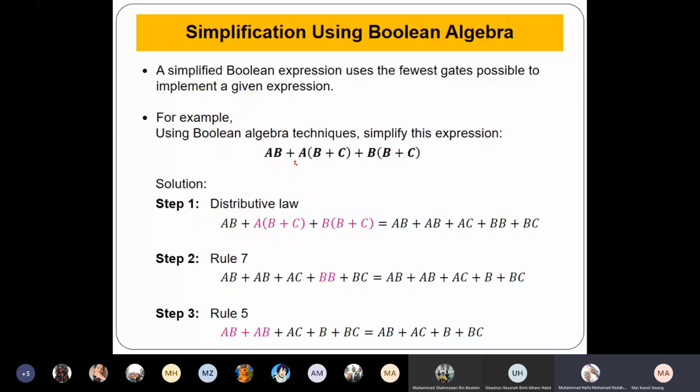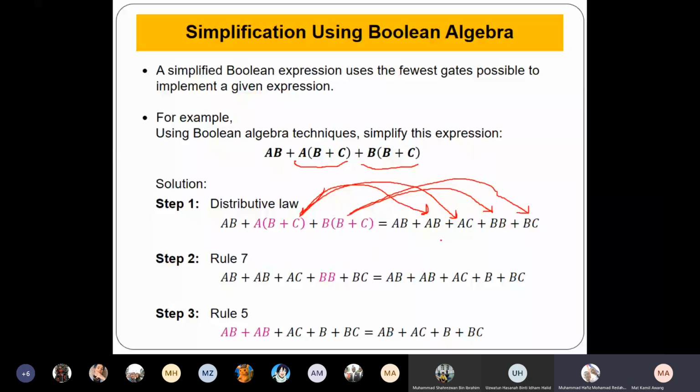You distribute, so it becomes this part, and this part becomes this when you use the distributive law. Clear? Then you use rule 7.